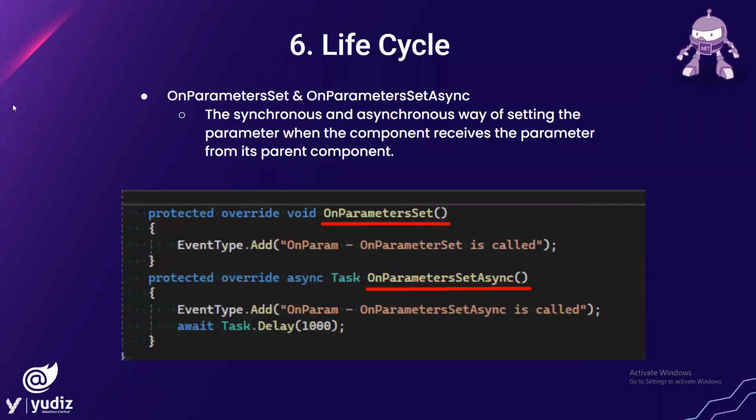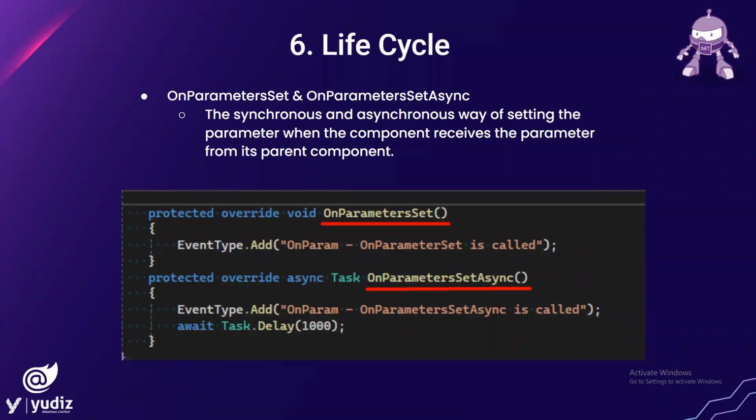Now, OnParametersSet and OnParametersSetAsync. These are the synchronous and asynchronous ways of setting the parameters when the component receives them from its parent component. OnParametersSet and OnParametersSetAsync will be executed when the component is first initialized.